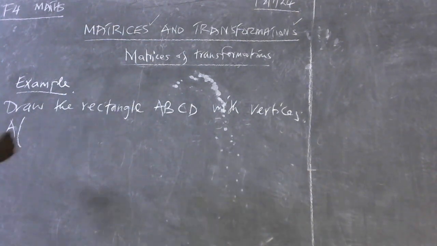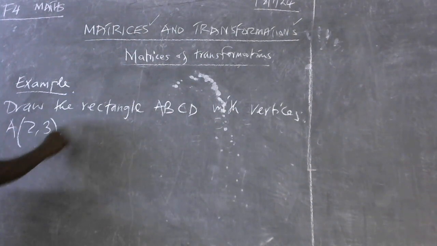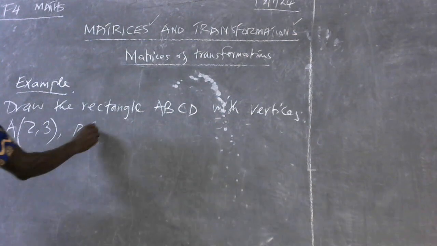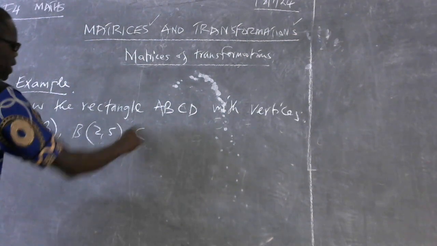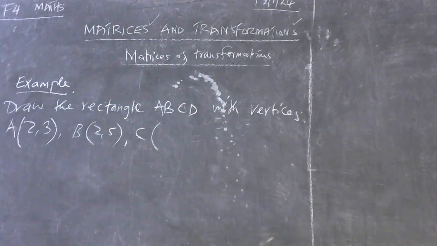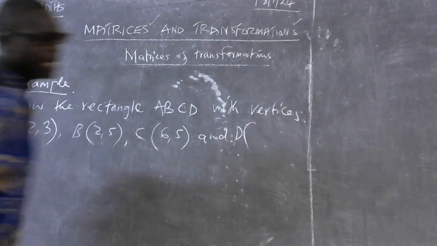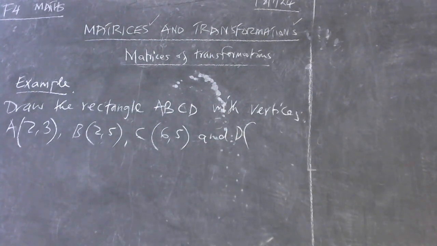A is (2, 3), B is (2, 5). Remember, it is a rectangle, so it is four-sided, moving ABCD. C is (6, 5) and D is (6, 3).